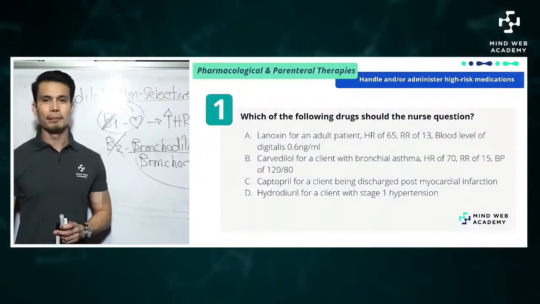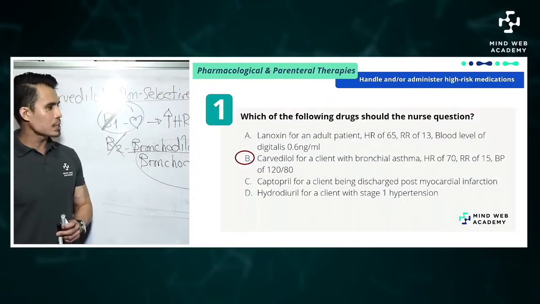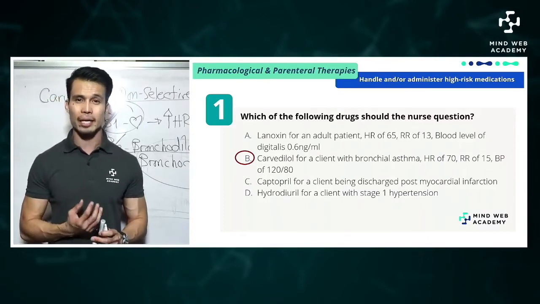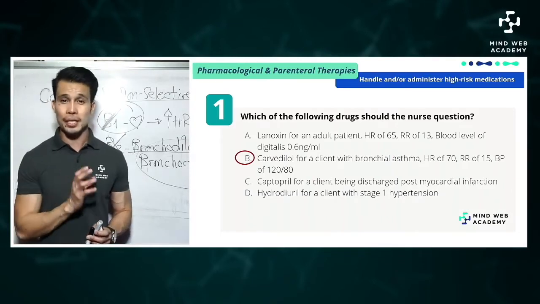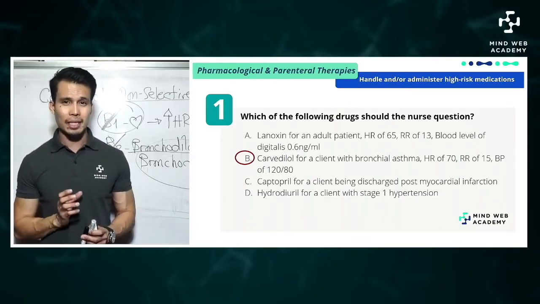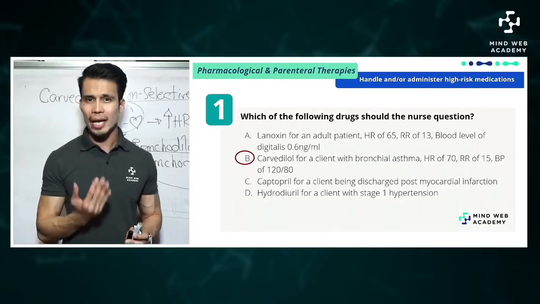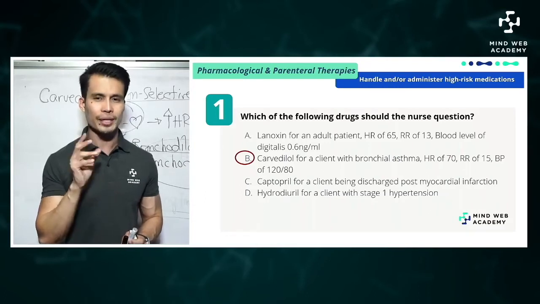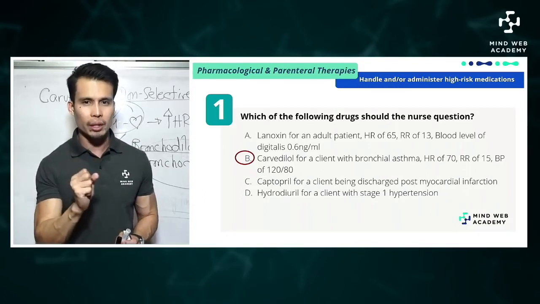You have your bravo. Captopril, nurses, is being used for a client with MI. So that's an approved recommendation. Why? Because captopril is an antihypertensive agent. It can eventually lead to vasodilation. Vasodilation, nurses, can decrease the workload of the heart. So that's our purpose post-MI: you have to decrease the workload of the heart.